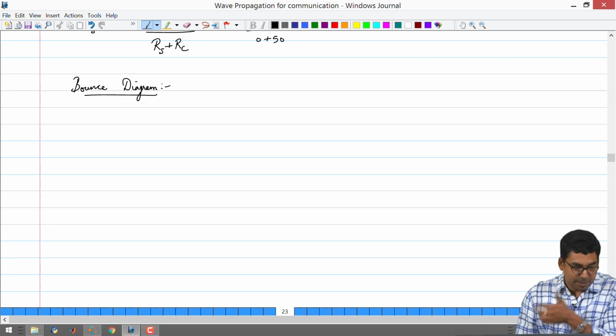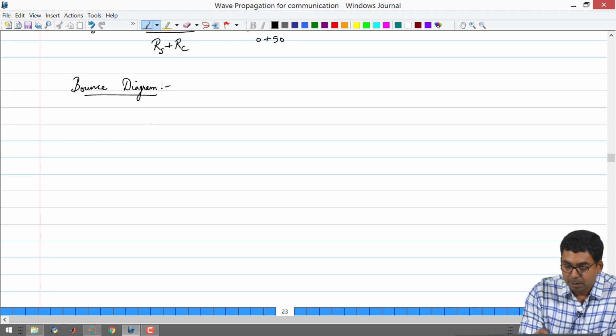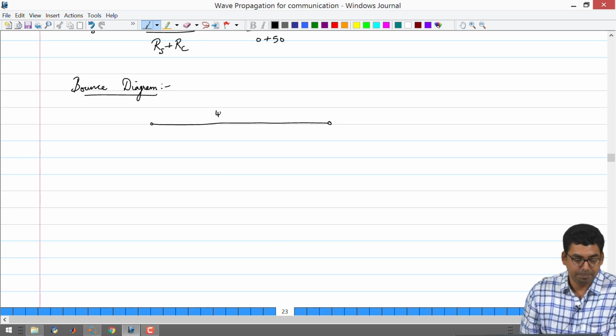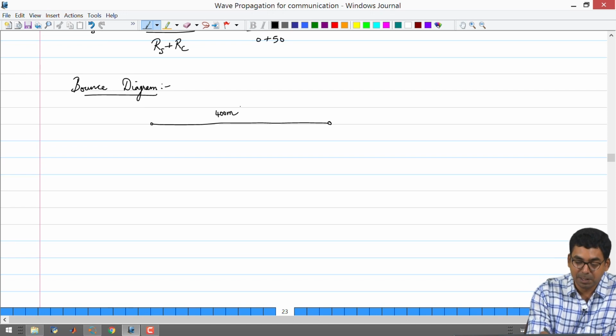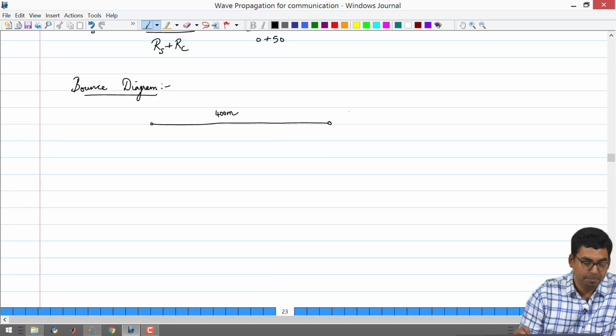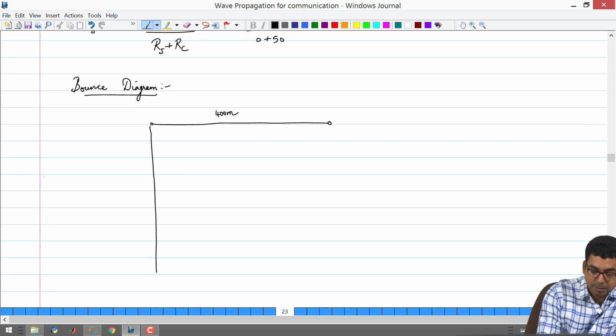You can start with the bounce diagram. You will start with the length of the transmission line, marked on the top like this. So, this will be your 400 meter long transmission line. The left hand side of the transmission line is connected to the source end, the right hand side is connected to the load end. The y axis is marked downwards, and it represents time, in units of transit times.